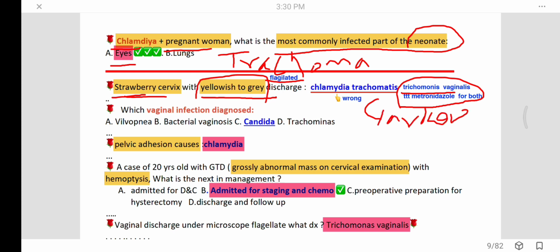The treatment for this is also metronidazole. Which vaginal infection is diagnosed? I don't know what the question was. They simply asked candida, so they must have given white vaginal discharge or a diabetic patient or something like that, which leads to the diagnosis of candidiasis.